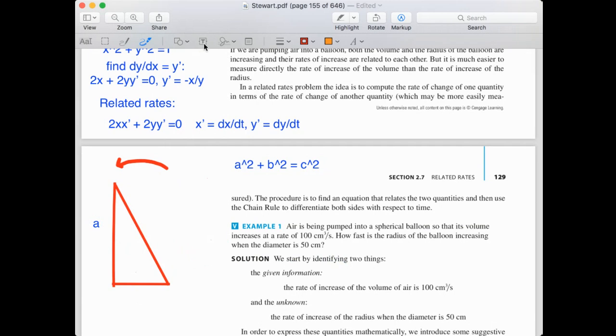I have this B, my base. I call this hypotenuse C. So A squared plus B squared equals C squared, right?